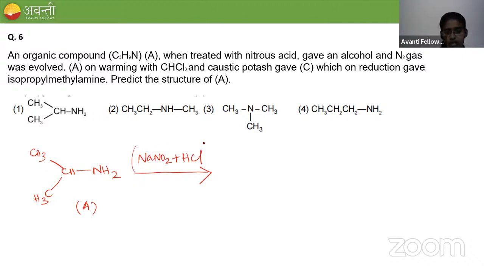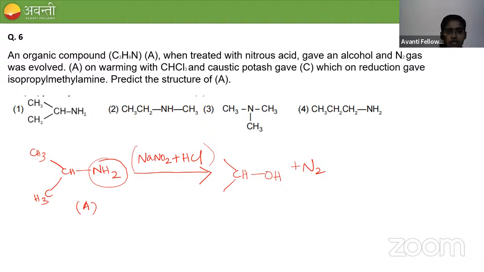So this is the nitrous acid mixture. And at low temperature, this nitrous acid mixture will convert this NH2 group to OH group, so that we get an alcohol like this with the evolution of nitrogen gas. Got it?